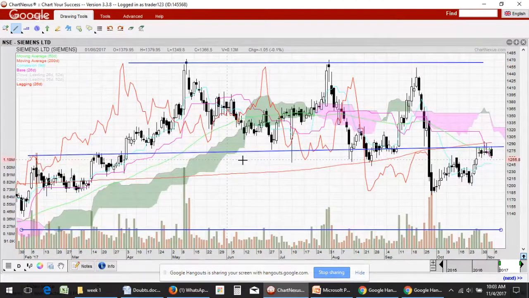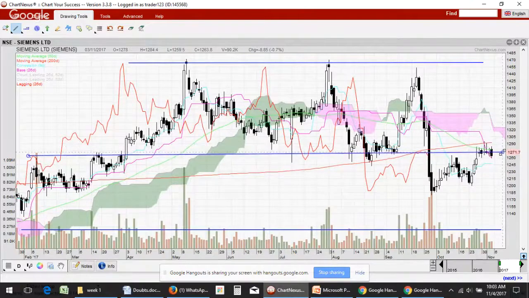If you draw a horizontal line here, you should make it more horizontal. This is a nice horizontal neckline. This is close enough to the neck, this is on the neck, and here's the breaking of the neck, and these are the triple tops. So let's look at the questions and see what they are.